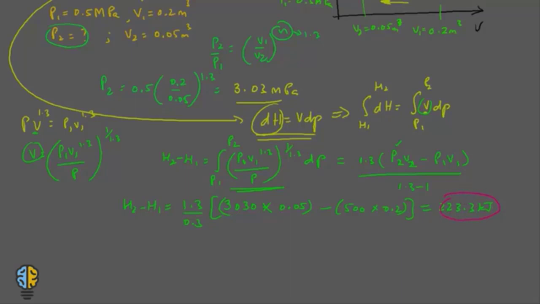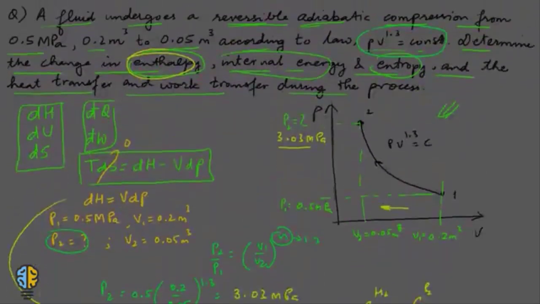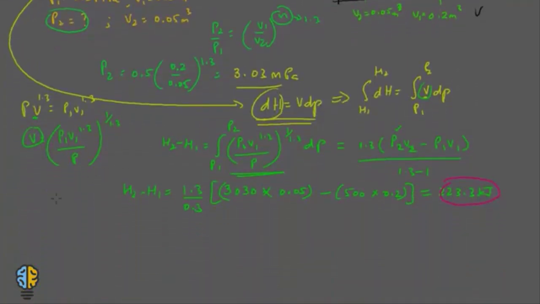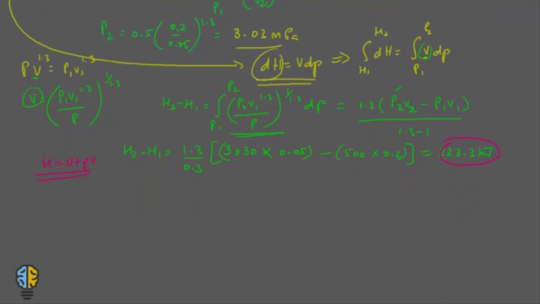Now the next part is to find out the change in internal energy. We all know that H is equal to U plus PV, isn't it? So we can do a very simple calculation over here. We know that H2 minus H1 is a value which is known to us.